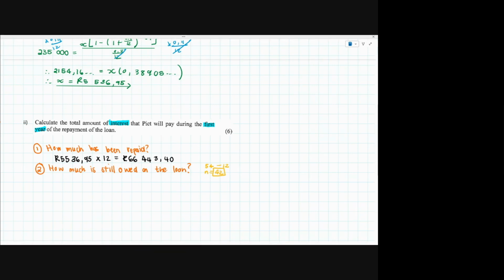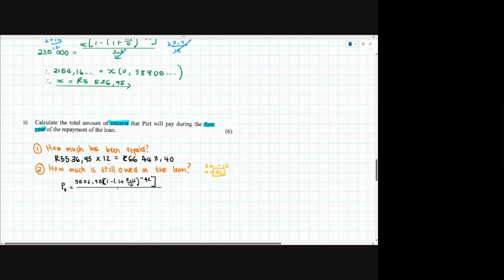Okay, so again, loan scenario, it means present value. You're working out your p-value. You're working out the present value of your loan after a year's worth of repayments. So 5,536, blah, blah, blah, 95. It was at an interest rate of 11% per annum, compounded monthly. And now my exponent is negative 42. Again, that exponent represents how many payments you still need to make.